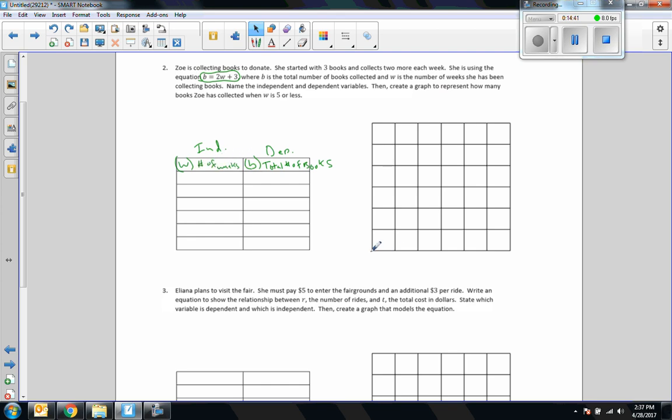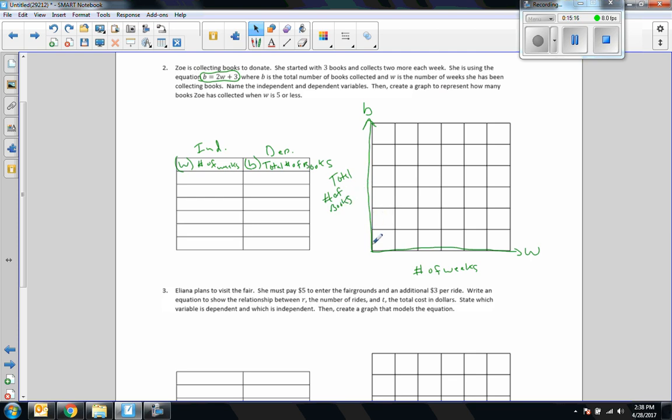And when I do my axes here, drawn the best I can. Alright, and so X axis is independent, so this is my W axis, and this is my B axis. So if I graph this, then this will be the number of weeks. It's very important you label each side of the grid, and this is total number of books collected.